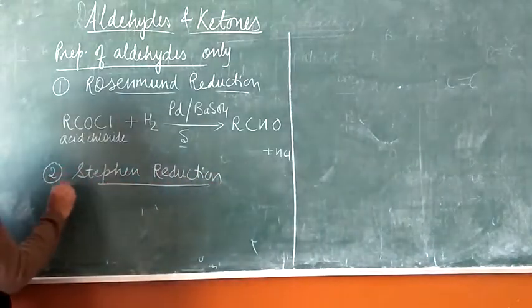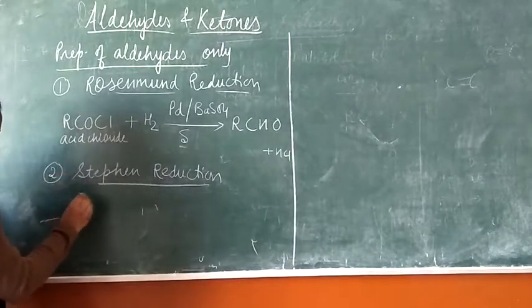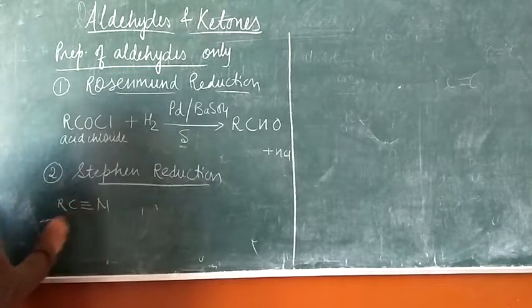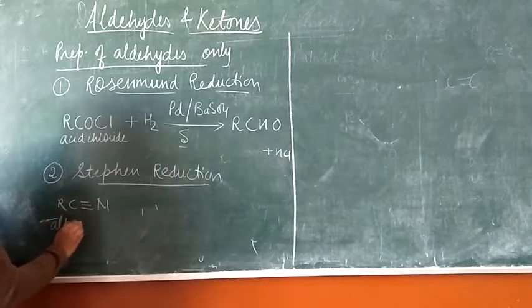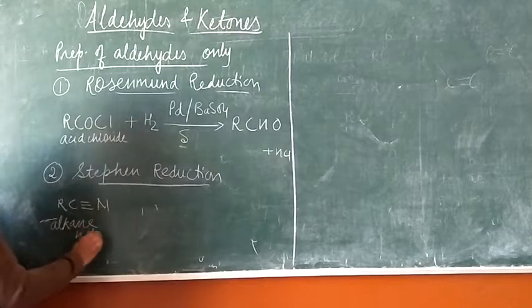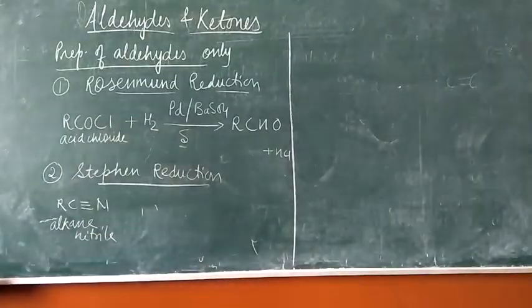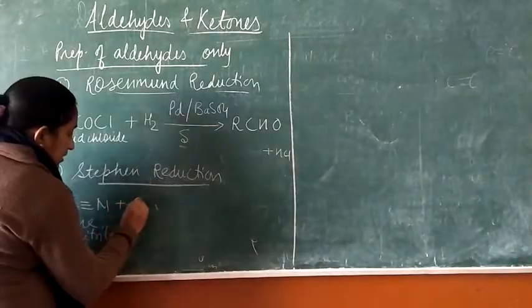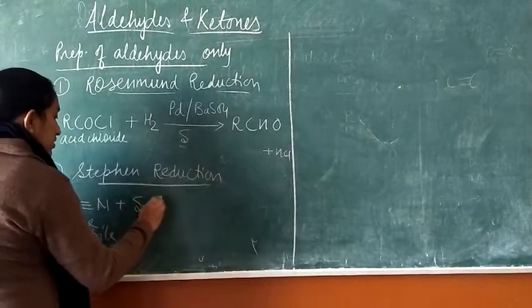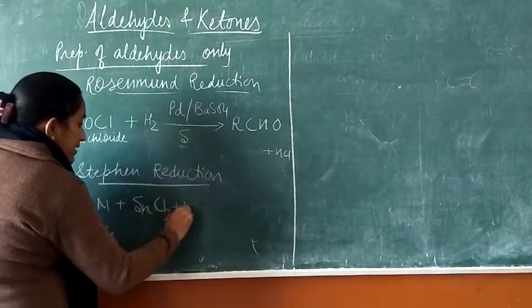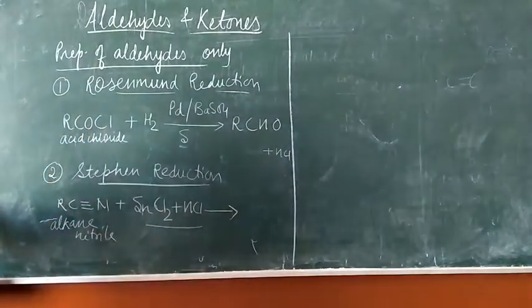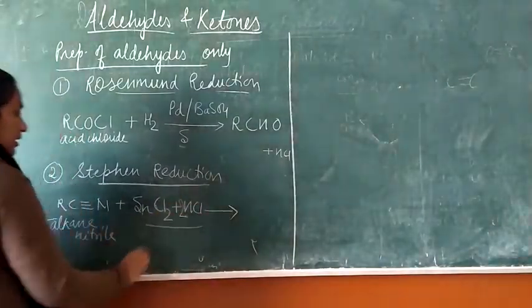So in Stephen reduction, we take alkane nitrile, RC triple bond N. It is being treated with a mixture of SnCl2 plus 2HCl.